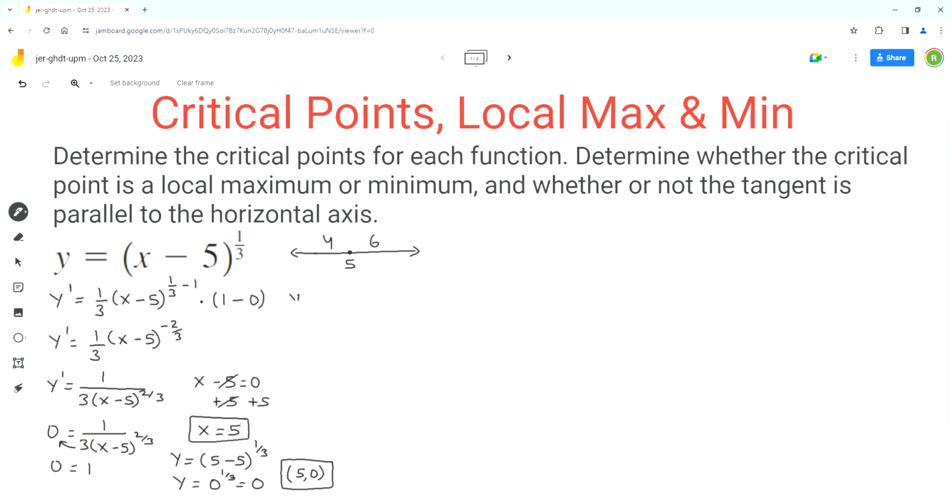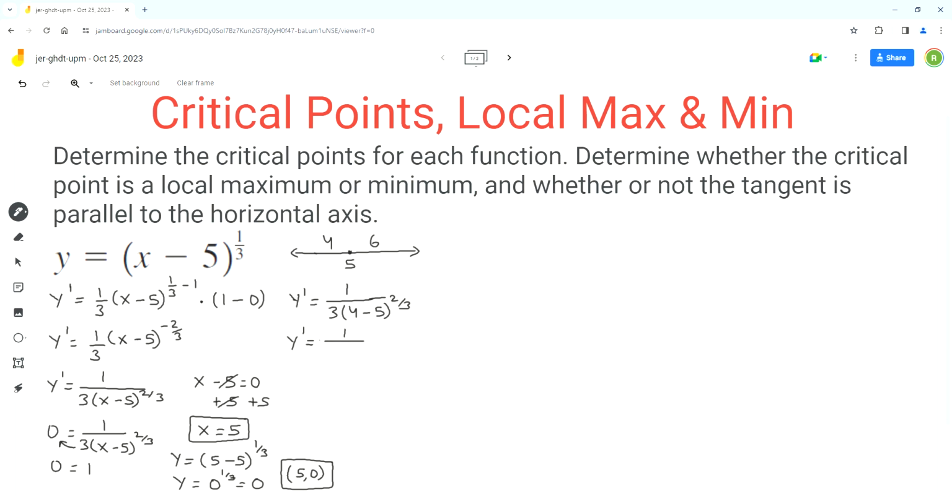So let's start with x equals 4. So we get y prime equals 1 over 3, and then parentheses 4 minus 5 exponent 2 over 3. And now we can simplify this expression.